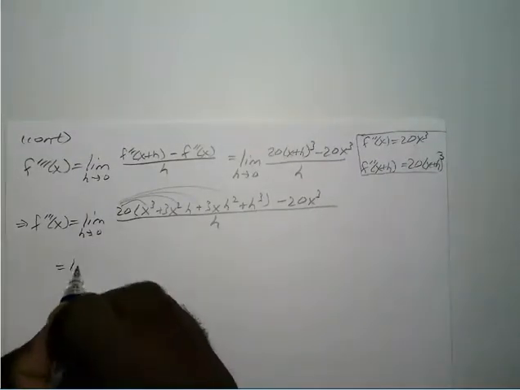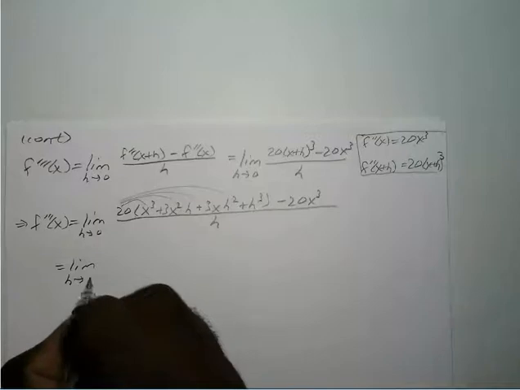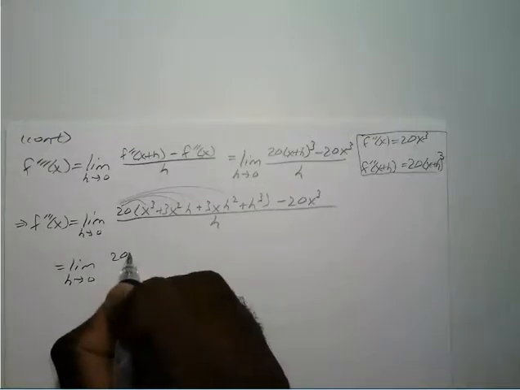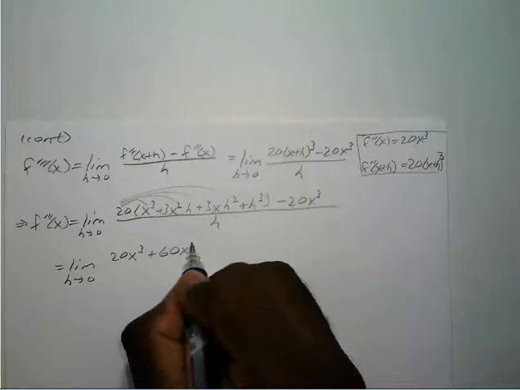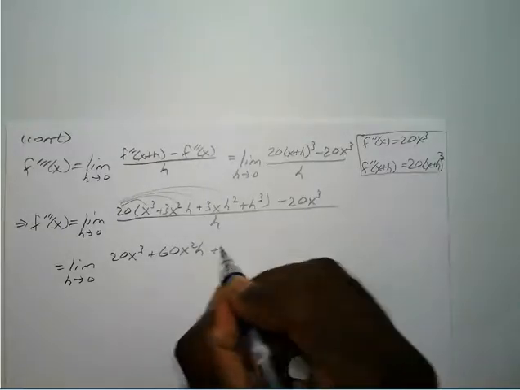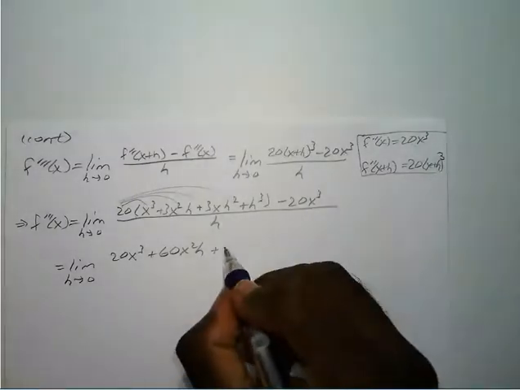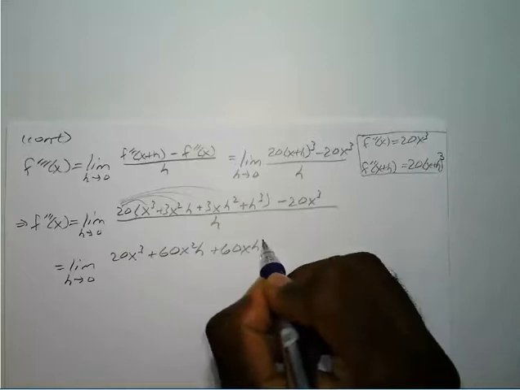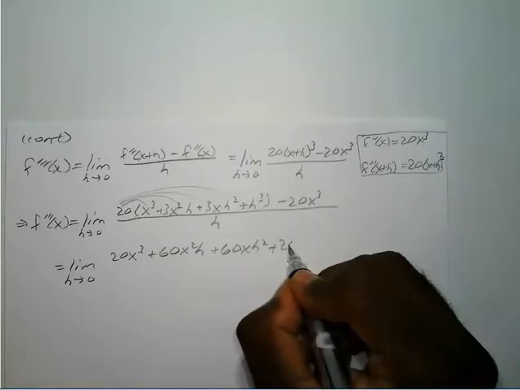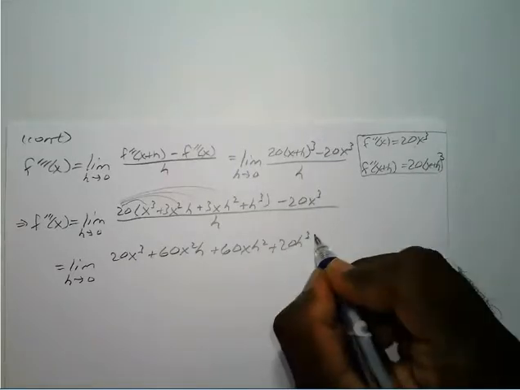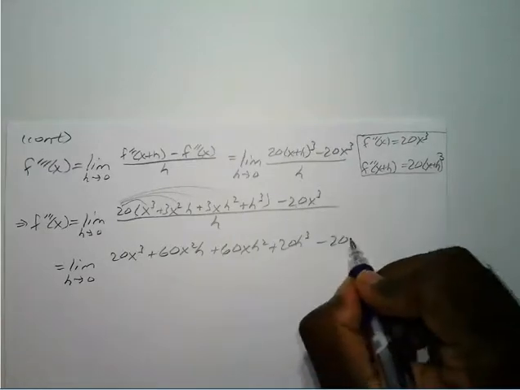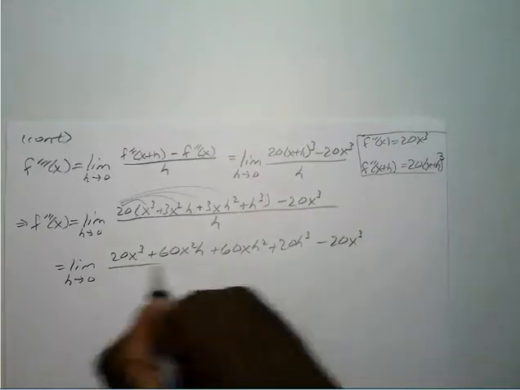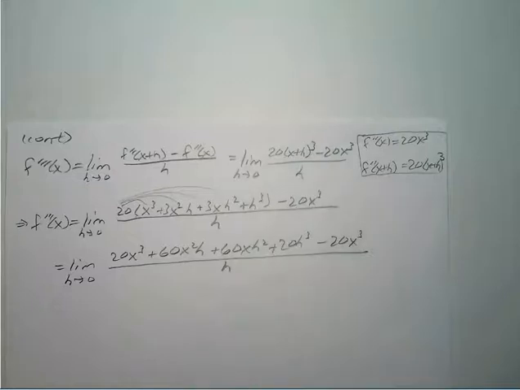So that's going to equal the limit as h approaches 0, 20x to the third plus 60x squared h plus 60xh squared plus 20h to the third minus your 20x to the third all over h.